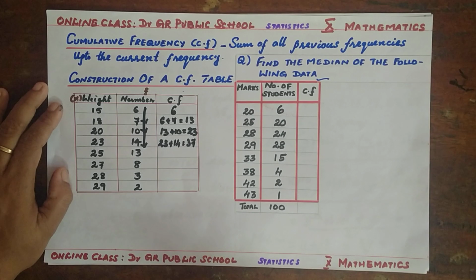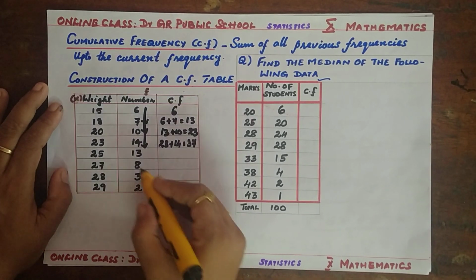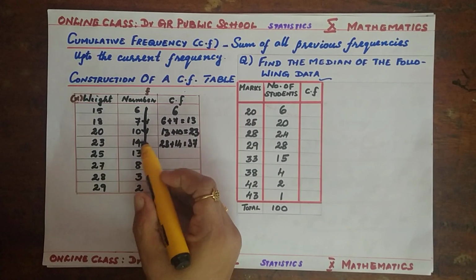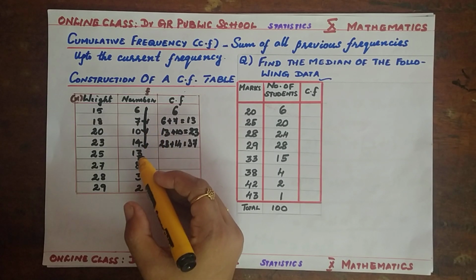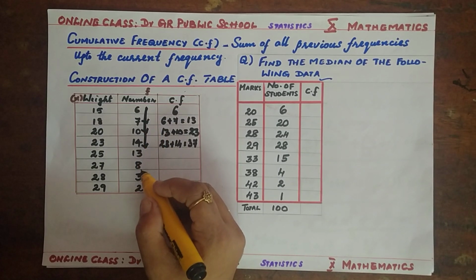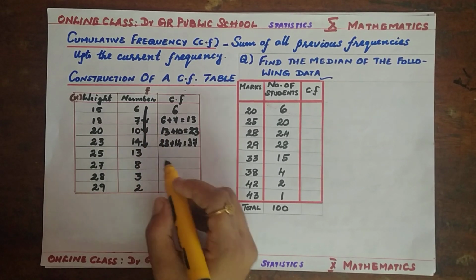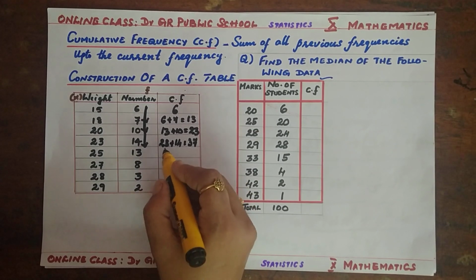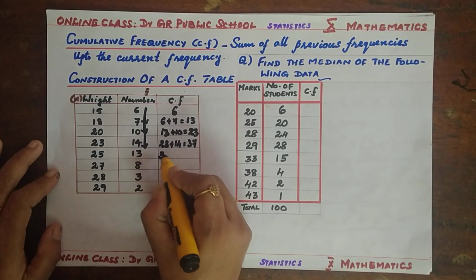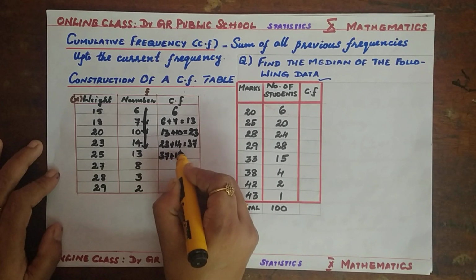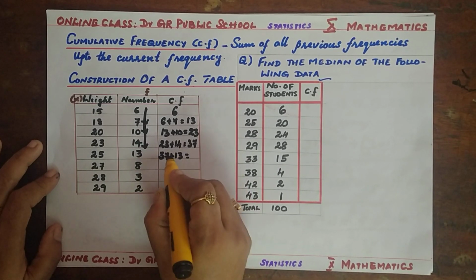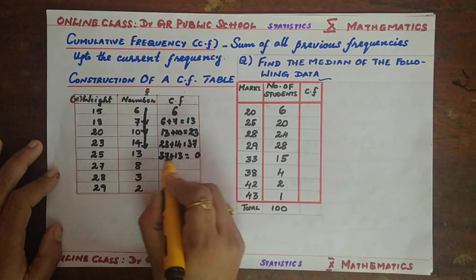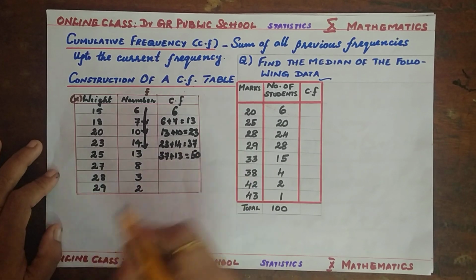Am I right? Okay. Next you need to take the frequency from 6 to 13. When you take up to 14, the sum is known as 37. So 37 plus 13, which is 50.